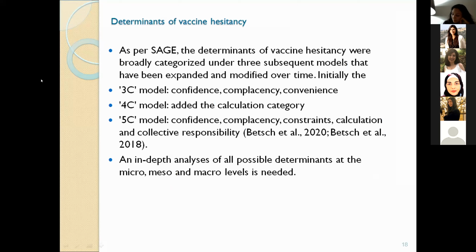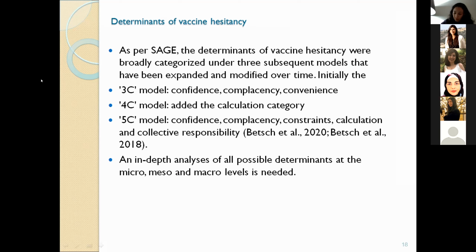But at a later point, they added another category, which is the calculation category. It refers to how much consumption of vaccine is occurring within a certain setting, and this is an indicator for vaccine hesitancy. So the more consumption of vaccines in a certain setting, the more the calculation is in favor of vaccination. Then they developed the 5C model: confidence and complacency, the same.